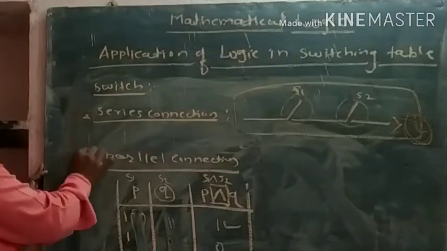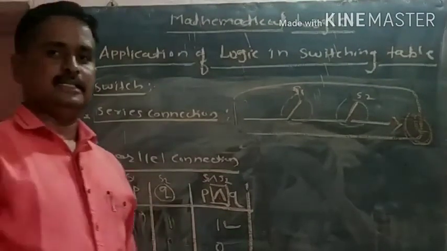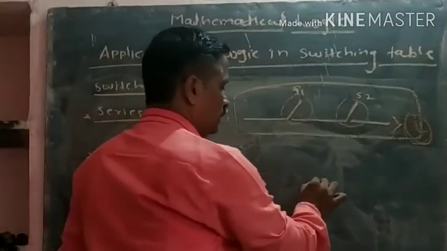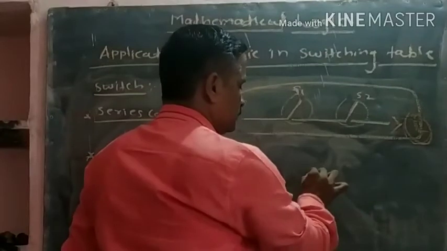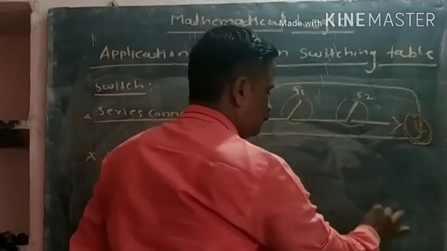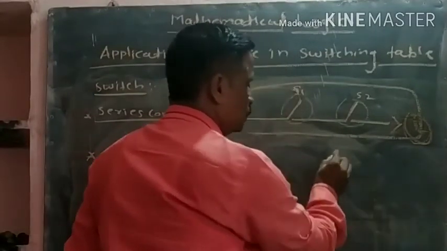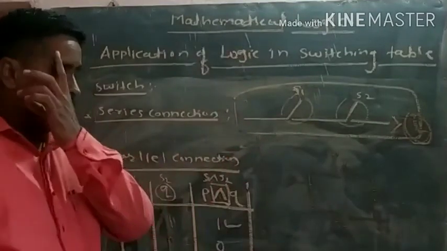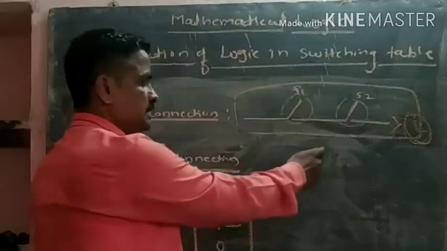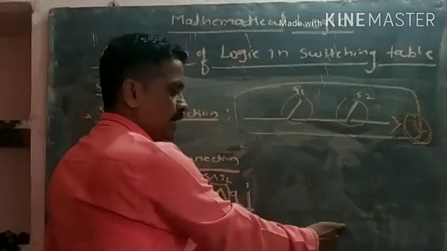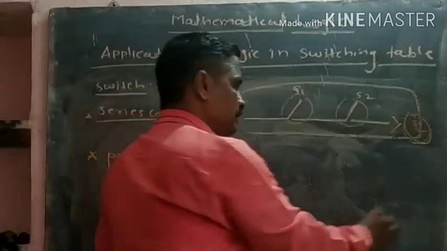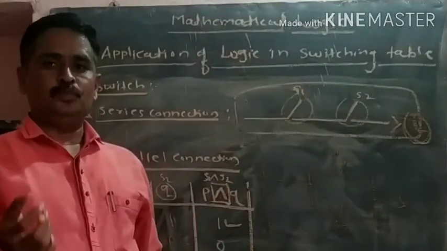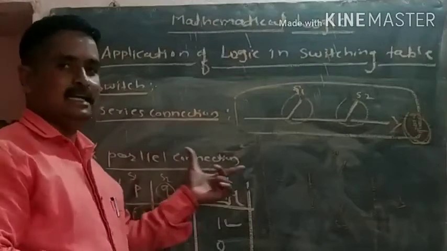Again, consider a parallel connection. In a parallel connection, we again consider two switches, P and Q, as S1 and S2. Consider P as S1 and Q as S2, and we have to obtain the input and output table for the parallel connection.